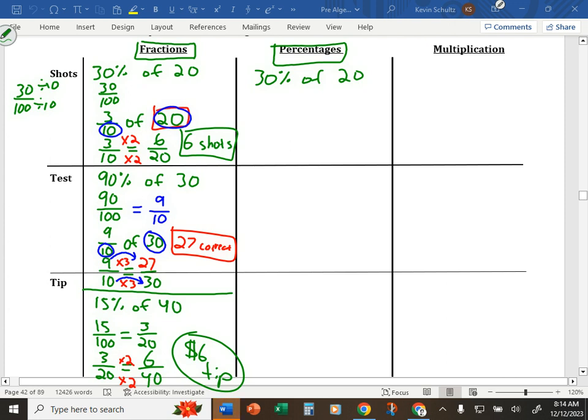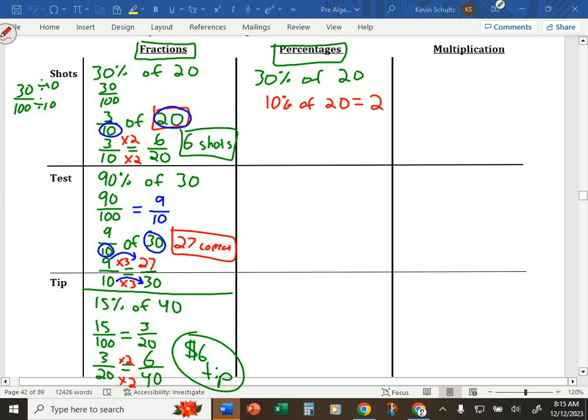We are going to start by breaking this down into 10% chunks. 30% of 20, I don't know what that is, but if I can think about this as 10% of 20, what is 10% of 20? Another way to think about that is, what goes into 20 10 times? 2.